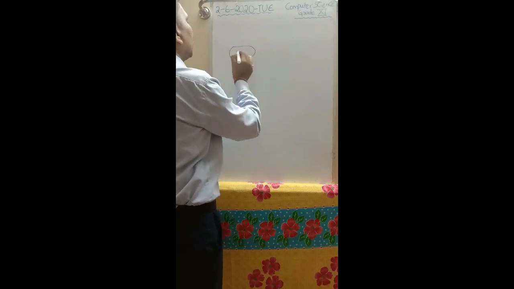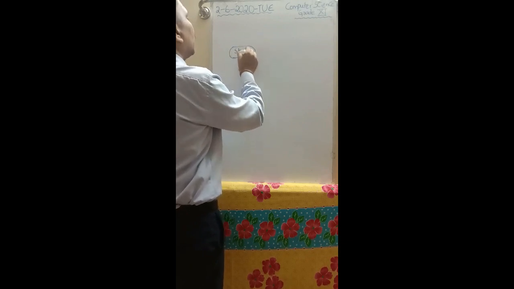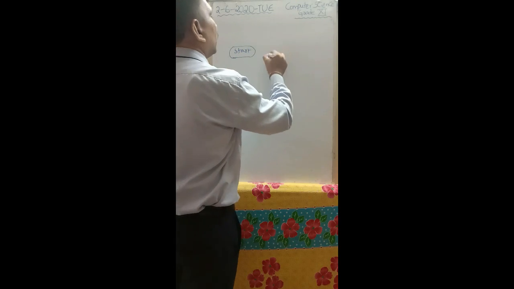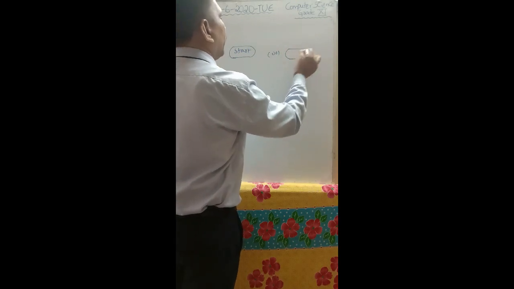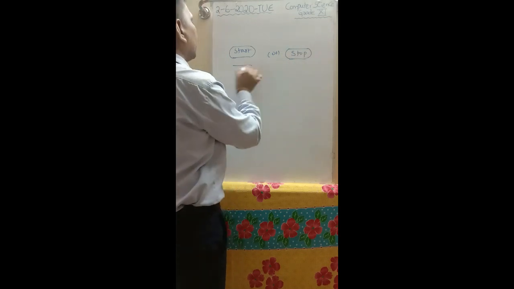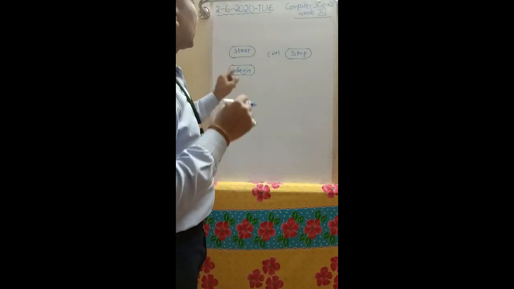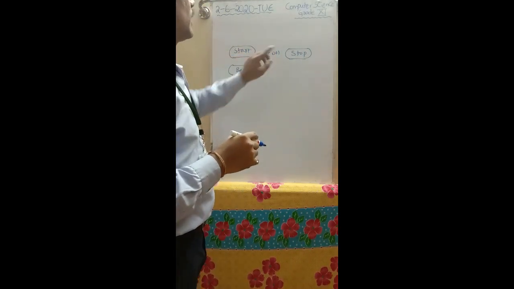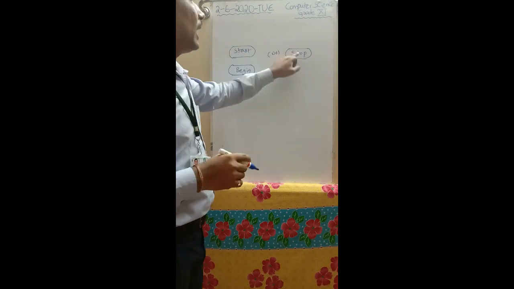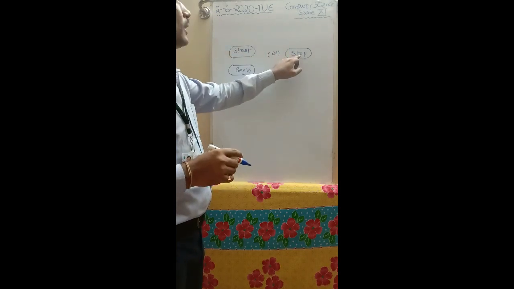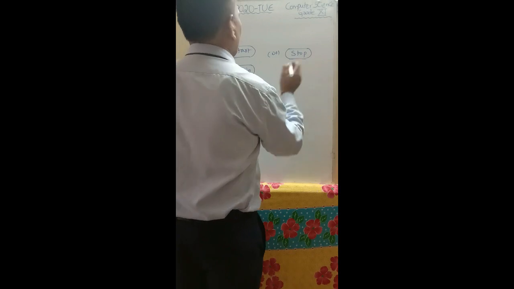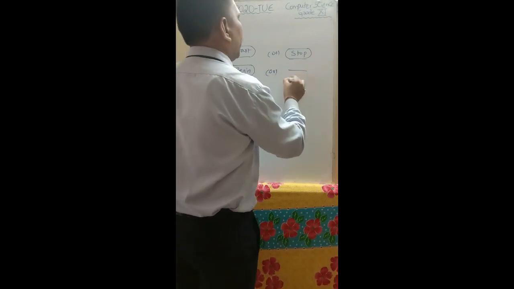This one is start or stop, or begin or end. This one is also written with begin or end. Every flowchart's first statement always consists of this symbol. Every last statement of the flowchart consists of this symbol, or end.